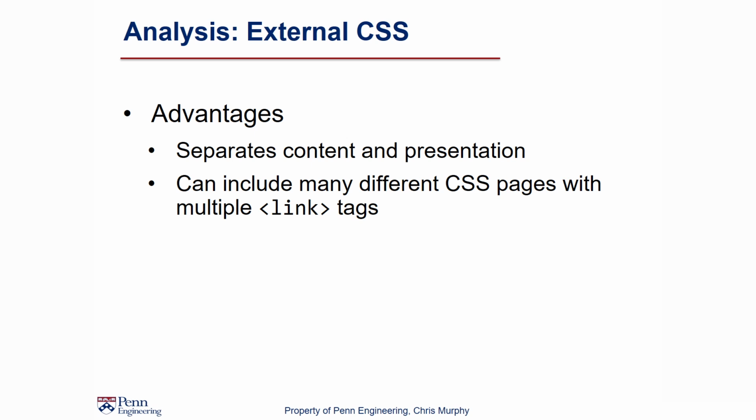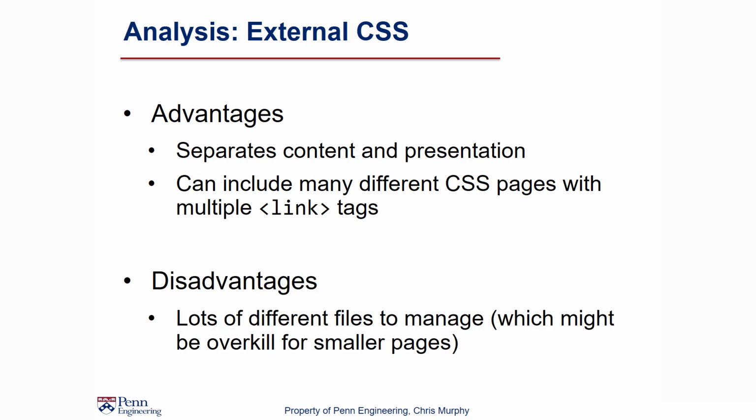And we can, of course, use this CSS file in many different HTML pages. We could also use many CSS files in one HTML page if we had different stylings in the different files. Of course, when we start to create more files, there's more files to work with, more files to keep track of, but generally the advantages of separating the content, the HTML, and the presentation, the CSS, outweigh these disadvantages.